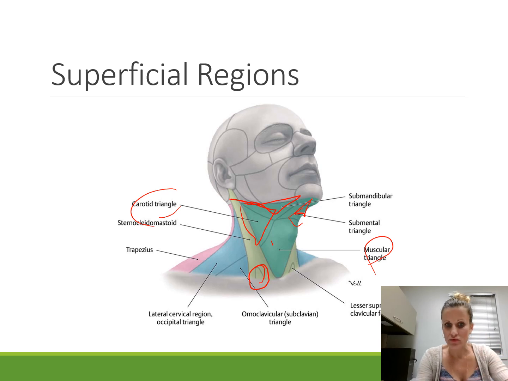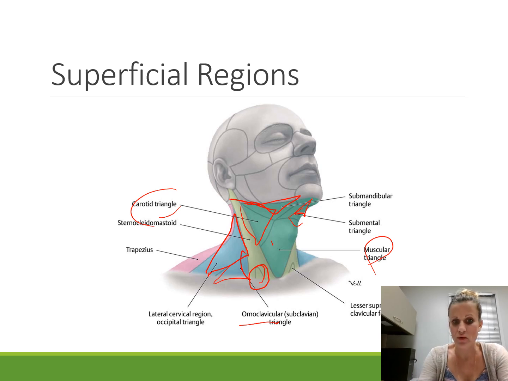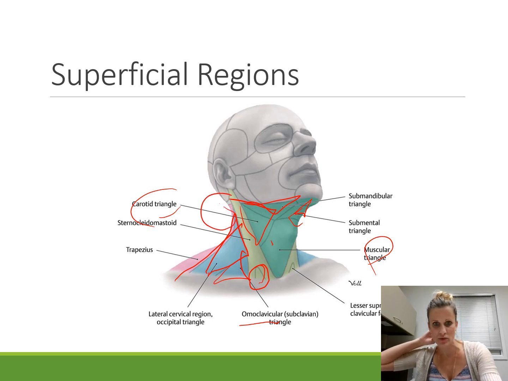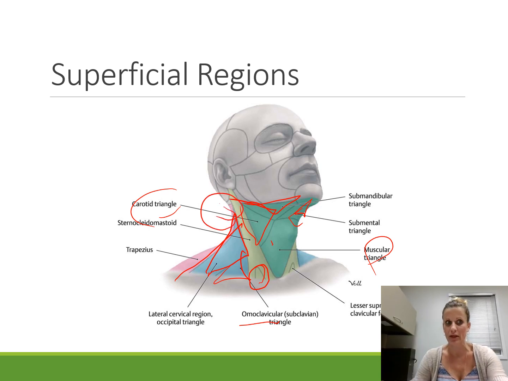Looking at the lateral region, we have the occipital triangle right here, and then the omoclavicular triangle or subclavian triangle right here, which runs right where the subclavian vein passes through. Again, the posterior region is defined by the trapezius muscle, and we can't really see it here, but we said the suboccipital region is the superior part of this, which is highly important clinically.